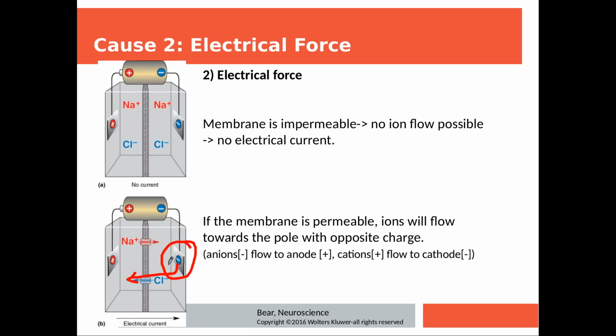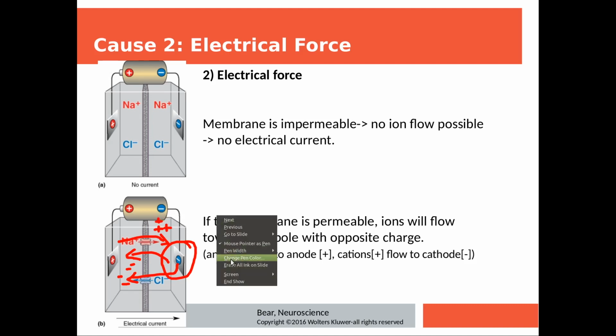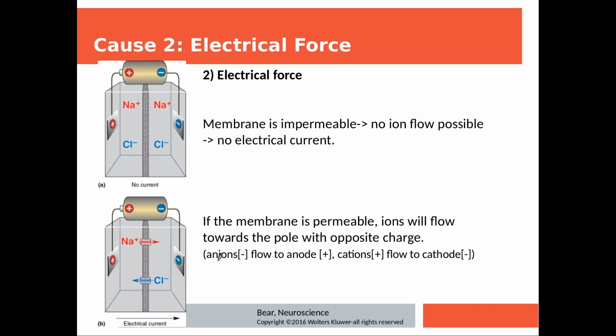It'll push negatives away and pull positives towards it. This is basic electromagnetic field. The same thing will happen for the positive side. It will push away like charges, and it will pull or attract different charges.